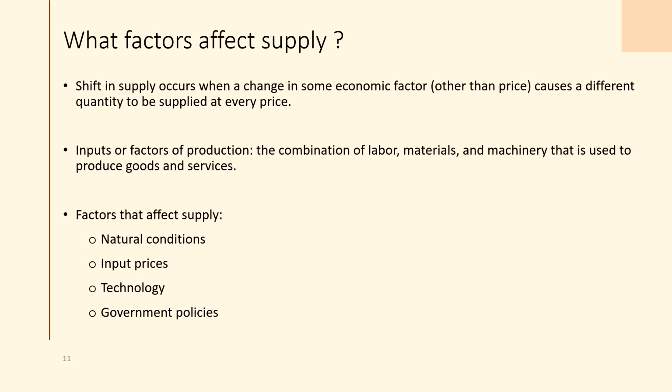Second, input prices, including labor, raw materials, and machinery. Third, technology, which can improve efficiency and increase production. Finally, government policy, such as taxes, subsidies, and regulations. These factors shift the supply curve either to the right or to the left.